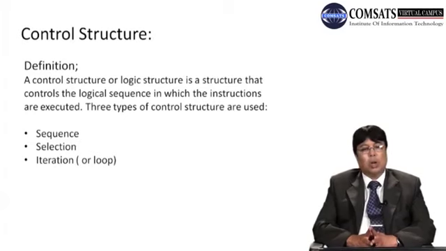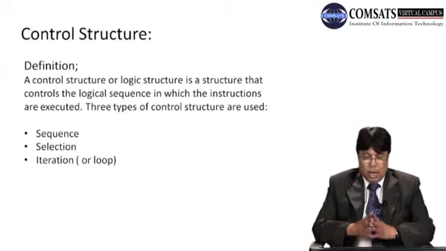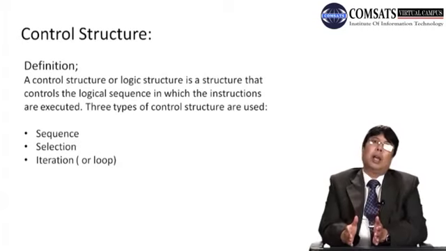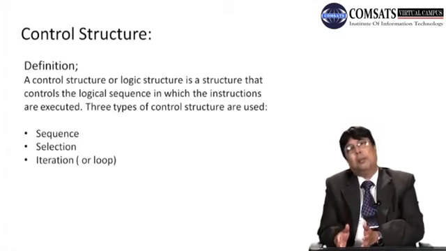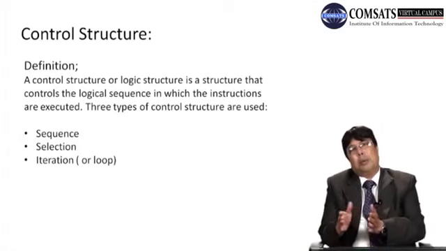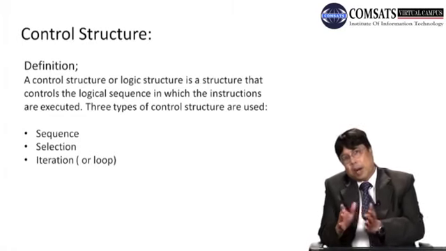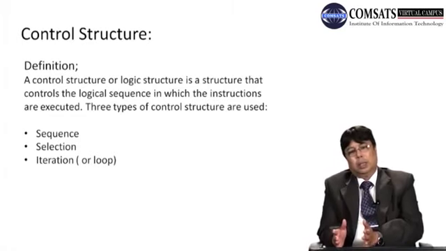A control structure or logic structure is a structure that controls the logical sequence in which the instructions are executed. कौन सी set of instructions जो हैं वो आपने execute करनी है, किस path के through आप जा रहे हैं अपने algorithm के अंदर, अपने program के अंदर, कौन सा path follow कर रहे हैं.